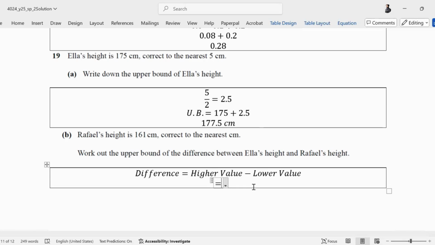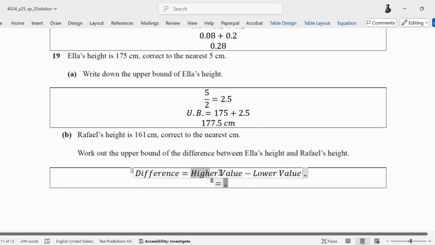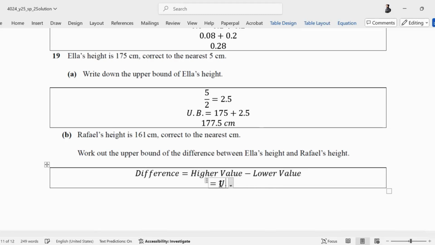If I want this difference to be as high as possible, I want the upper bound of the difference. So I will take the upper bound of Ella's height, subtracted from the lower bound of Raphael's height. Why? Because I want the difference to be as great as possible.